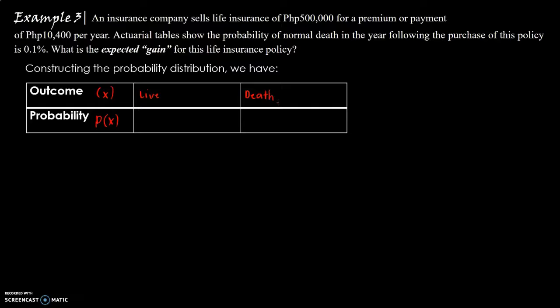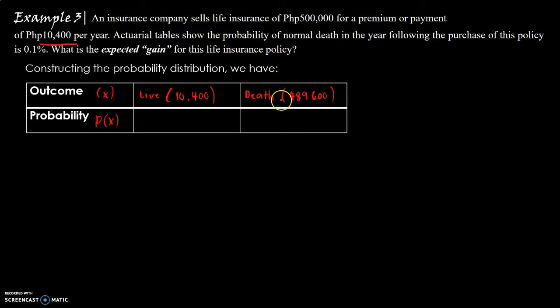And when the customer lives at the end of the year, the insurance company will actually gain 10,400. But when the customer will die a natural death at the end of the year, the company will actually lose 489,600.